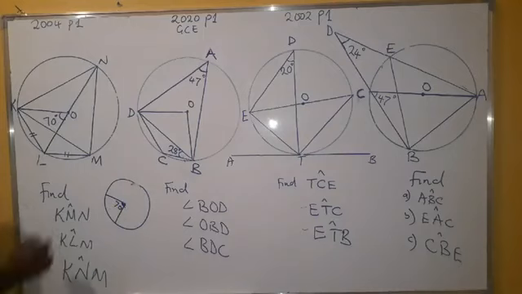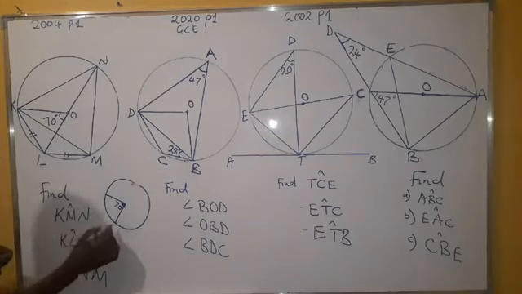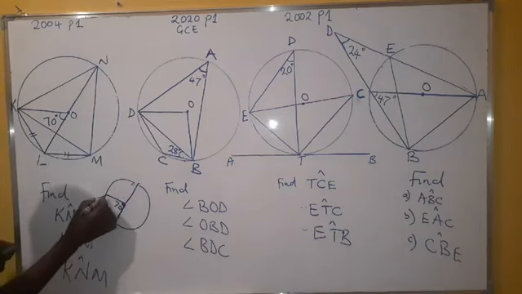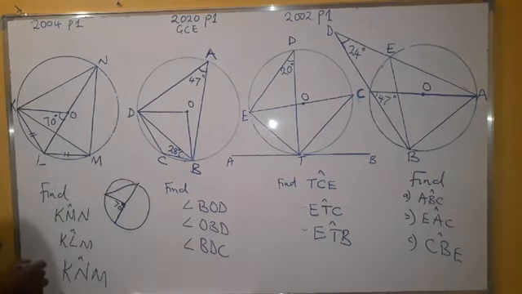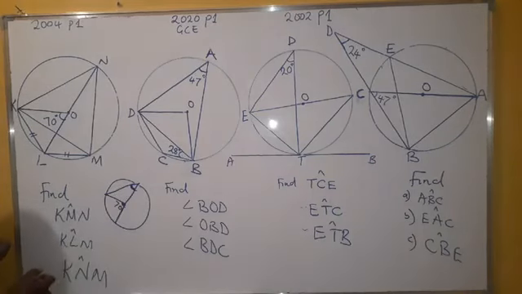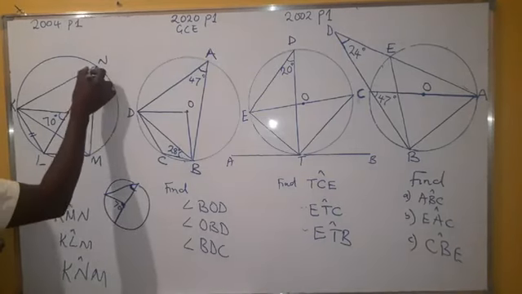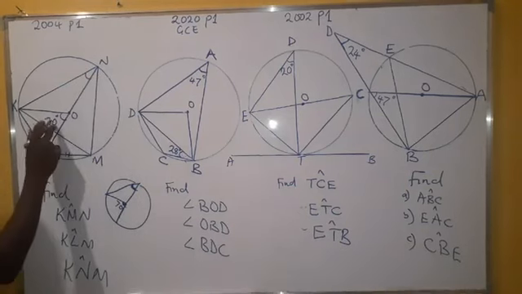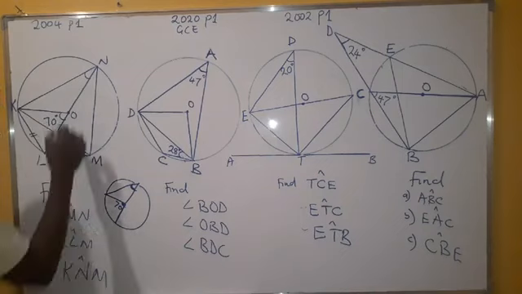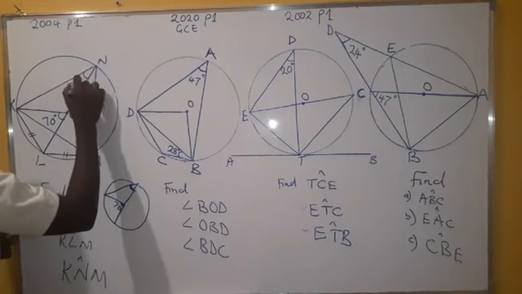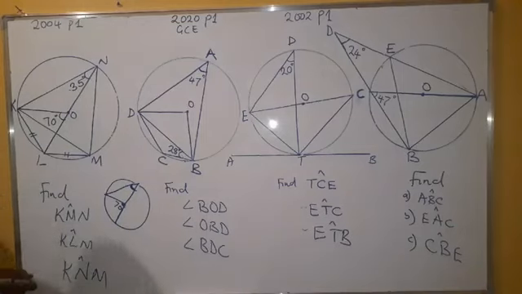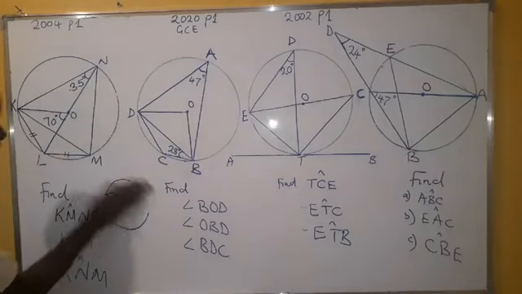Then the angle on the circumference is coming from this same point. It goes up to there, then we have another angle. So this is the angle at the center, and this is the angle at the circumference. So meaning, this angle here is half the angle at the center. I'm referring to the theorems. So this is going to be 35. Very good. Are we there, that this is 35?